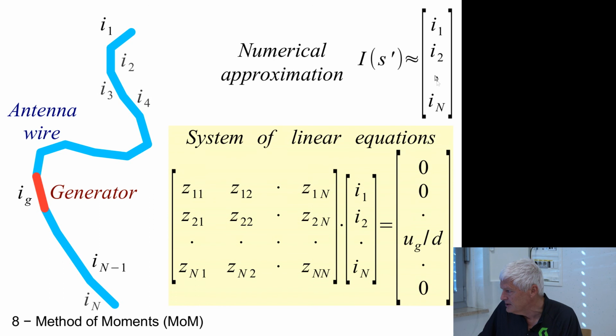This dot here just means that this is repeated. So from I1 to IN, all the segments of this wire. We also have a segment where there is a generator. And these segments have mutual impedances. So each segment generates an electric field on itself and also on all other segments.